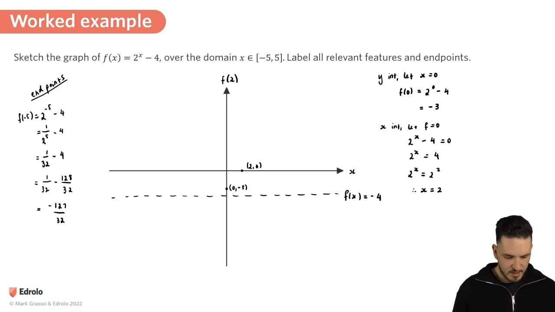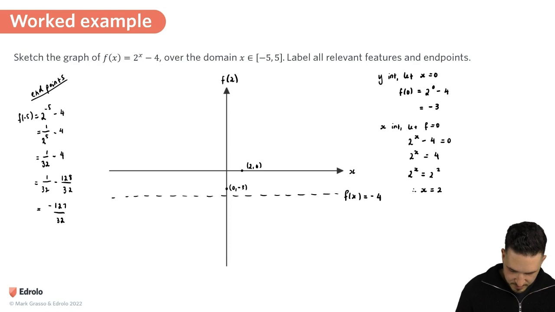So now that's going to be approximately negative 3.9 or something close by, because it's 1 over 32 minus 4. So you can see we're approaching that asymptote. It obviously can't be below negative 4 because then it doesn't exist at that point. So if that's 2, that would be 3, 4, 5. So let's say it's somewhere here.